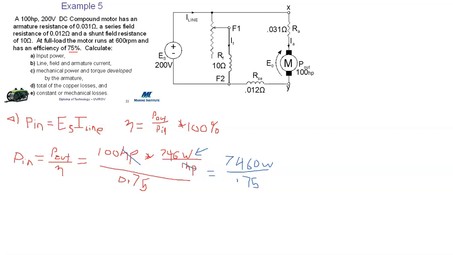And now if we do that calculation, P in is equal to, if we round it to 3 significant digits, 99.5 kilowatts.